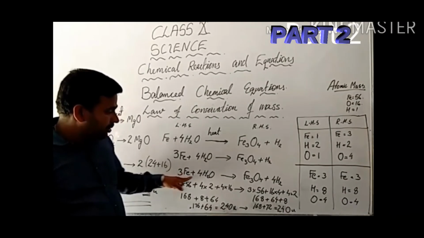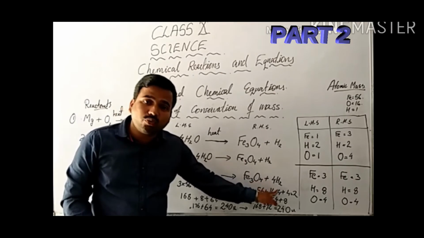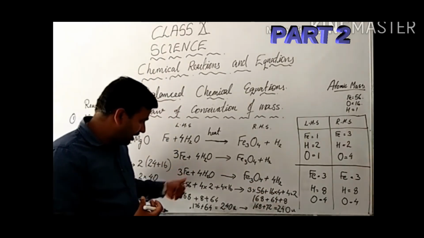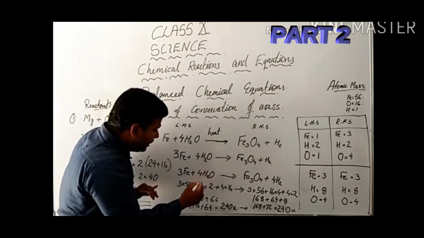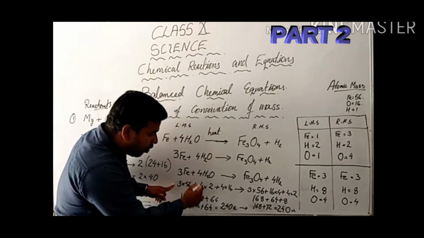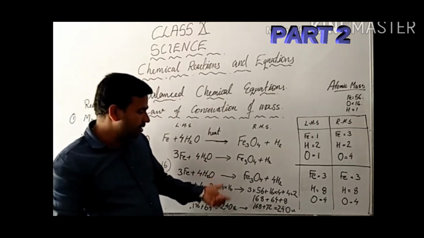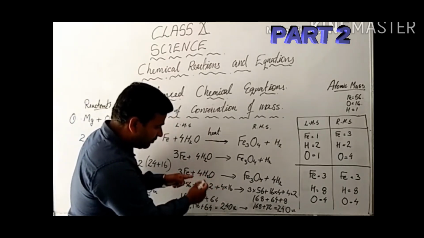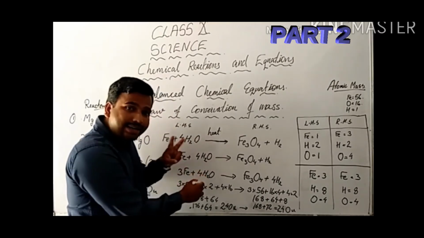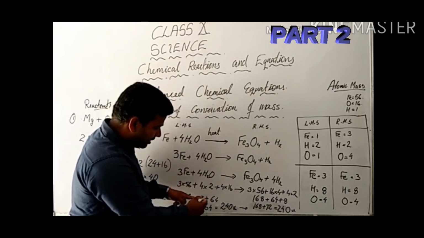See, 3Fe plus 4H2O gives Fe3O4 plus 4H2. When you substitute the values, the atomic mass of Fe is 56. 3 into 56 plus 4 into H2O. The total atomic mass of H2O is 18. 4 into 18, if you write, it's okay. Or we are writing 4 into 2. Why am I writing 2 here? Because there are 2 atoms of hydrogen. 4 into 2 we get 8.